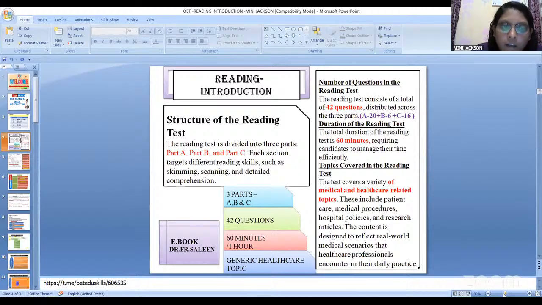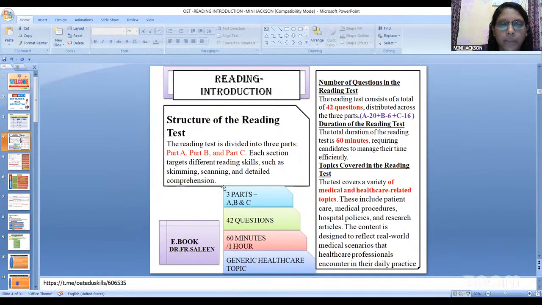For the reading introduction, we need to understand the structure of the reading test. According to the OET, there are three parts: part A, part B, and part C. Each section targets different reading skills, like skimming, scanning, and detailed comprehension.